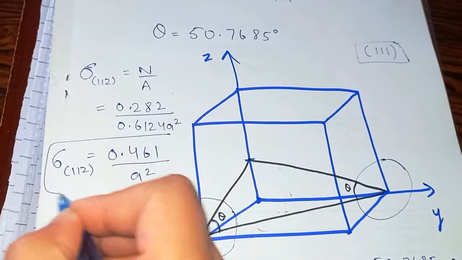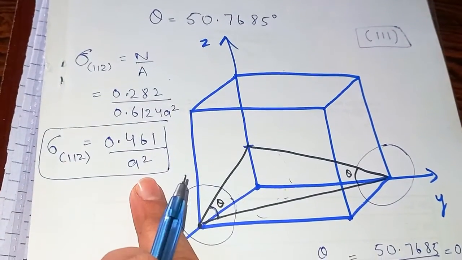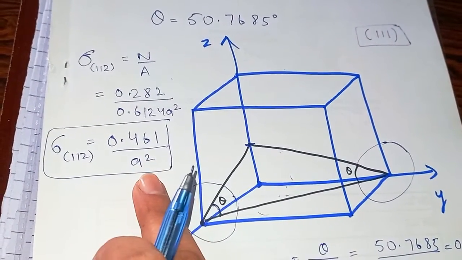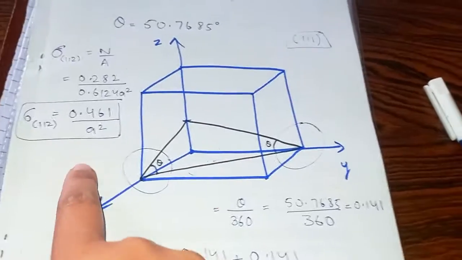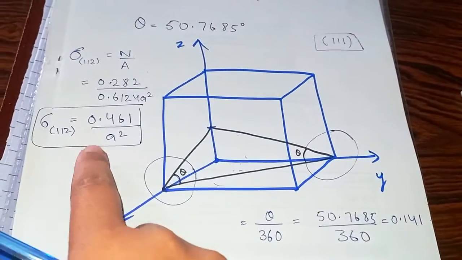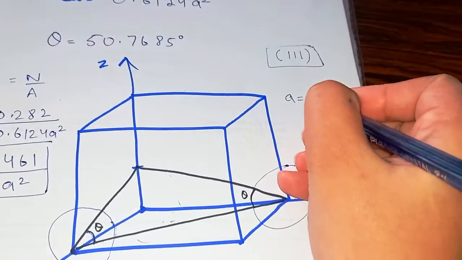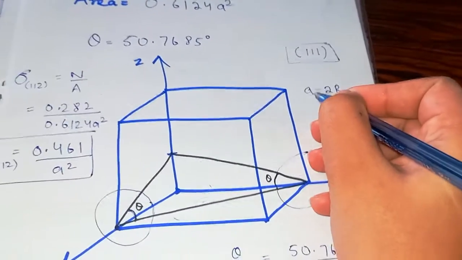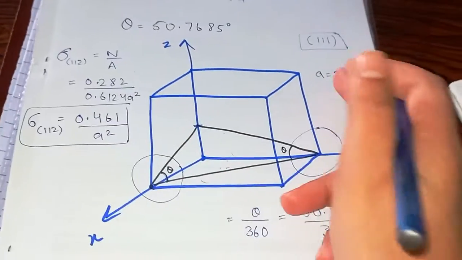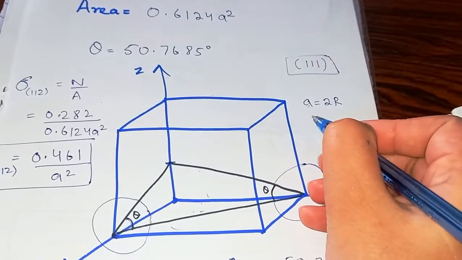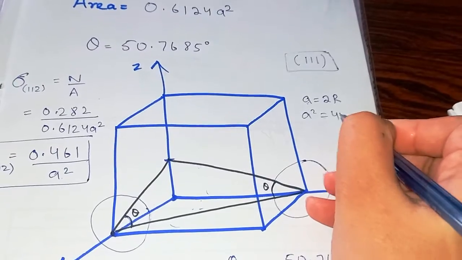That is the planar density in terms of lattice parameter a, and we can convert it into the radius of the atom making up the simple cubic structure. We can do that using the relation that a is equal to 2r, and we can put the value of a right here to convert. Since a is 2r, a square will be equal to 4r square.